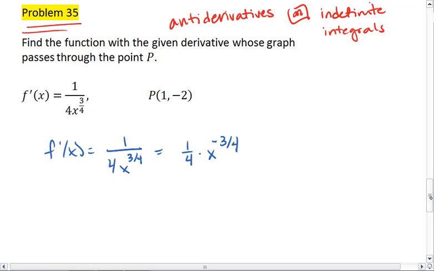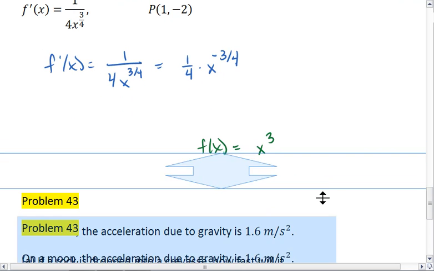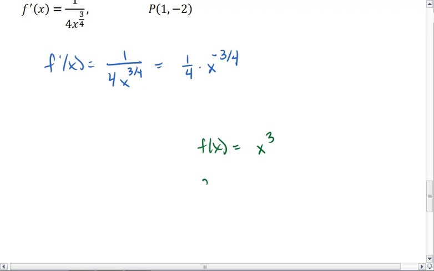We know that normally when we have x to an exponent, for example, if we have f of x equals x cubed, we find the derivative by multiplying in front by the exponent and then subtracting 1 from the exponent.